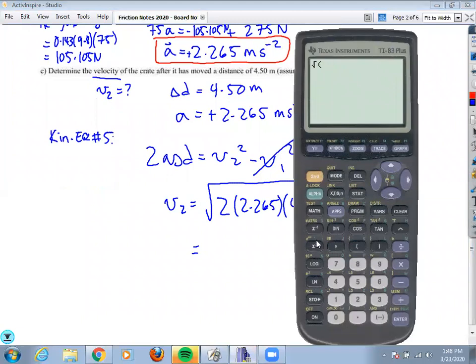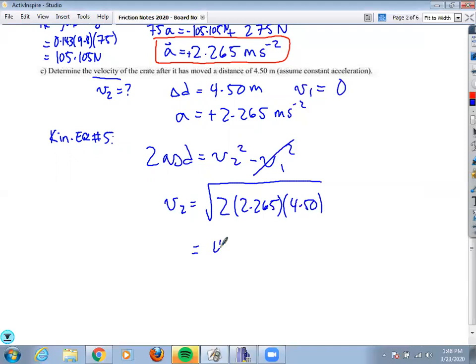So we'll take the square root of 2 times 2.265 times 4.50 meters, and you get 4.515 meters per second.